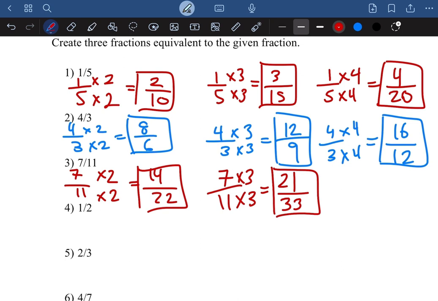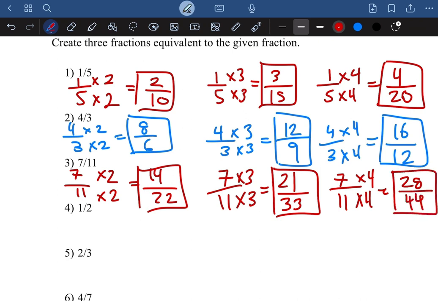And then for our last one, we're going to multiply it by 4. So 7 times 4 is 28, and 11 times 4 is 44. So those are our 3 equivalent fractions.